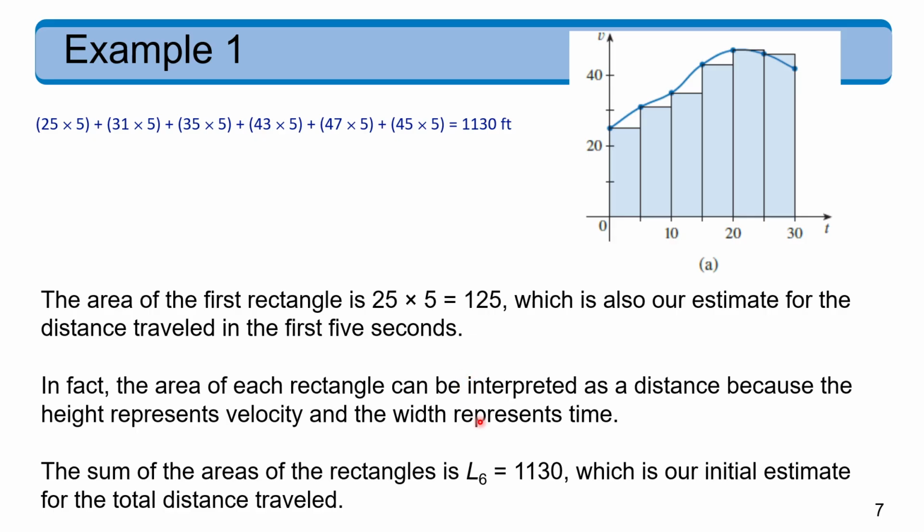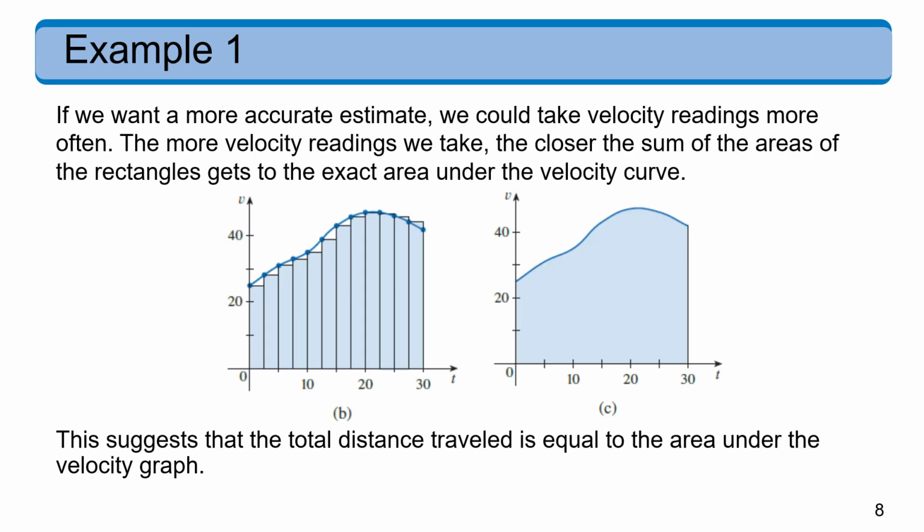And then when you add up all of these areas, we got 1,130 feet, and that was our initial estimate for the total distance traveled. In this example, if you remember from the given information, we only took velocity readings every 5 seconds. So we lost some of the information about the velocity.